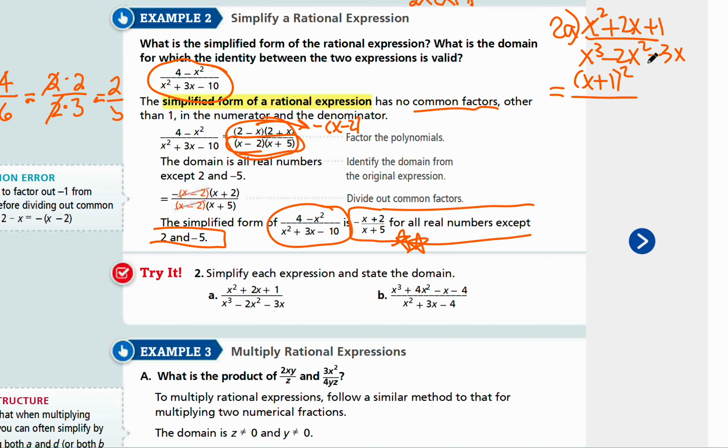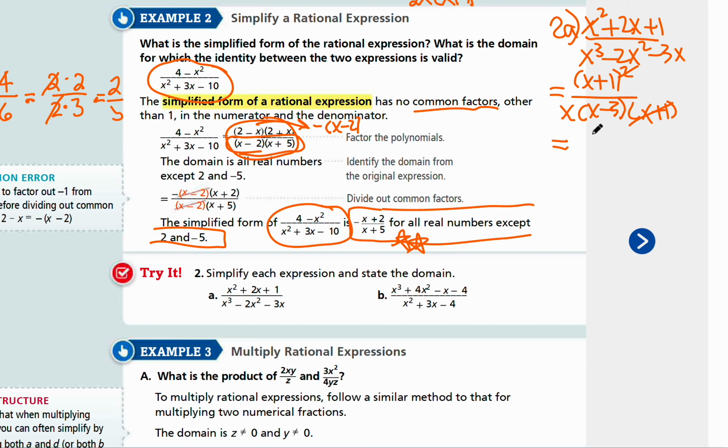On the bottom, you can factor the x out, and then you have x squared minus 2x minus 3. Factoring that polynomial, you get x minus 3 times x plus 1. Then x plus 1 is a common factor, so we cross this out and that out.